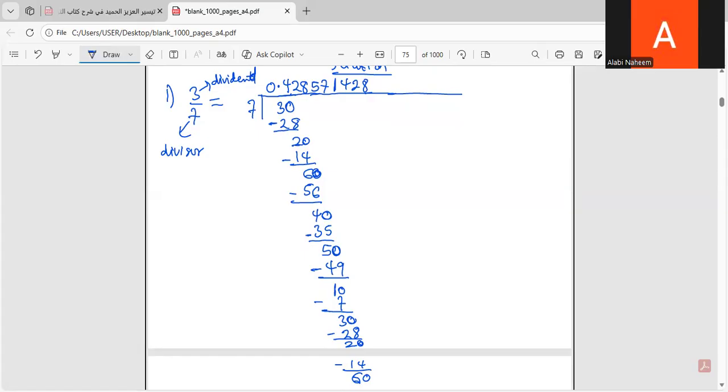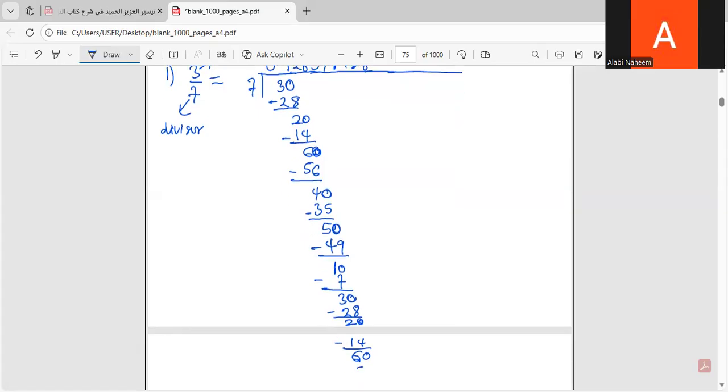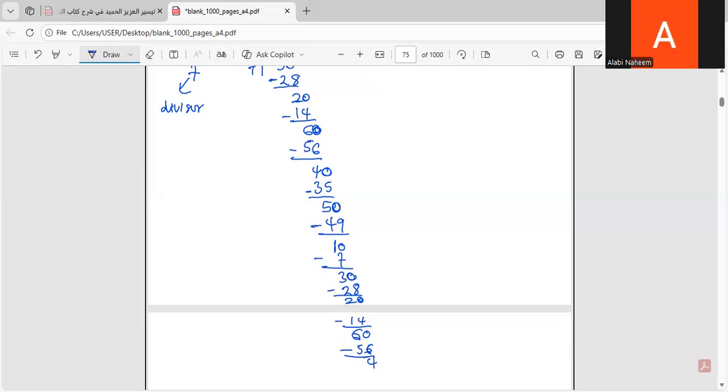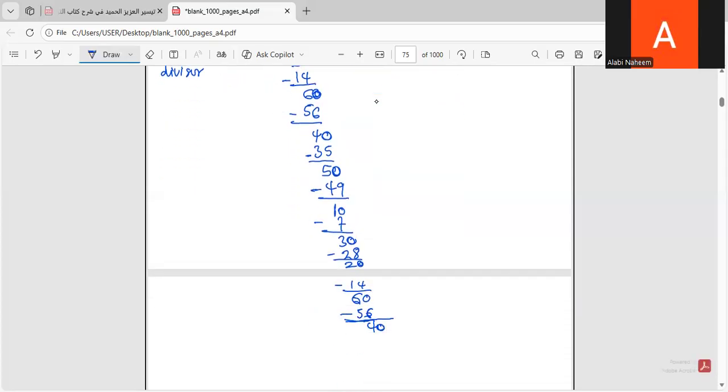7 times 8 is 56. Subtract. What do you have? You have 4. 4 is less than 7. You now include 0. If the dividend is less than the divisor, then you add 0 to it, right? 7 in 40, that's 5. 7 times 5 is 35.